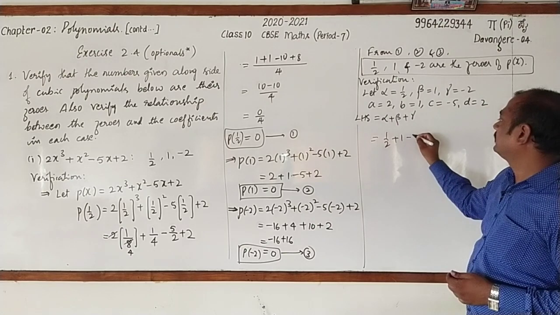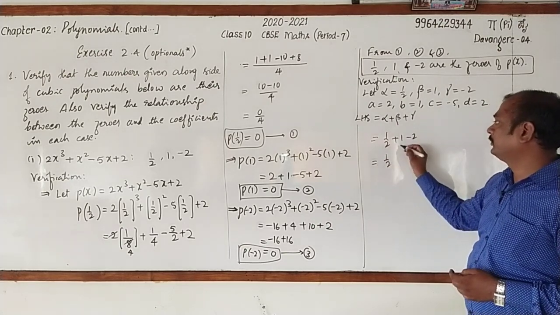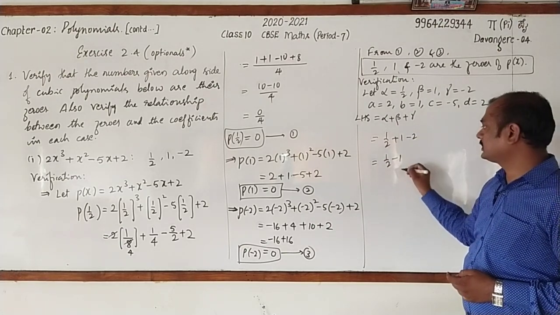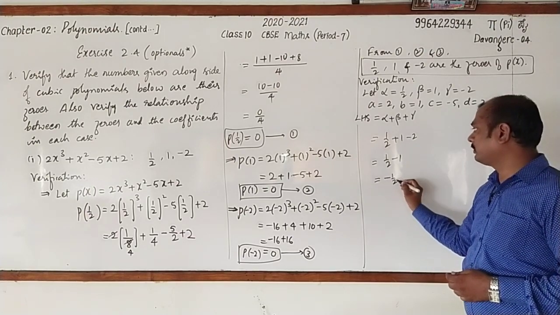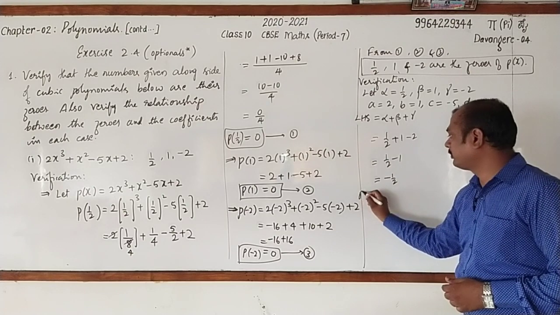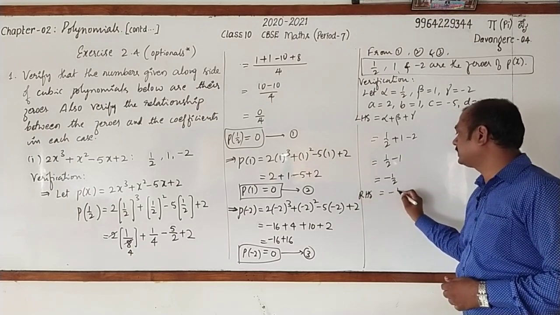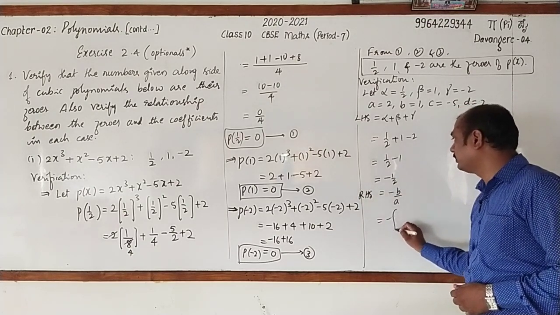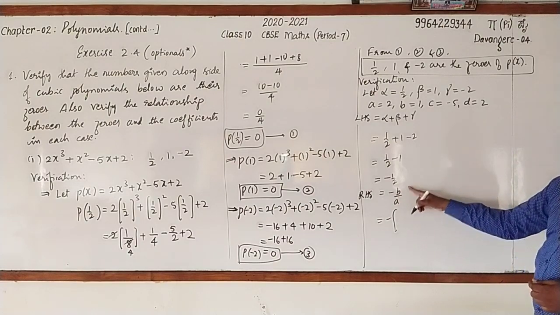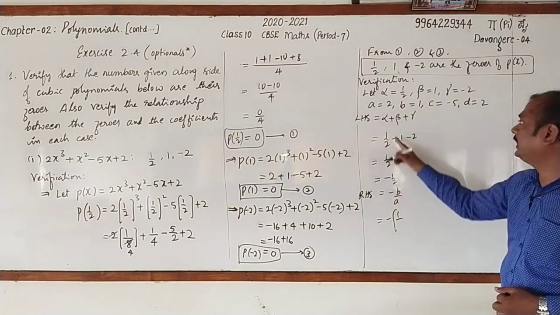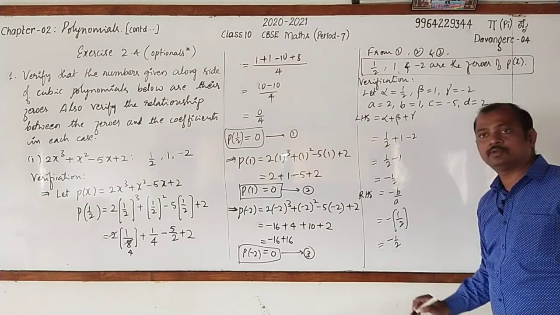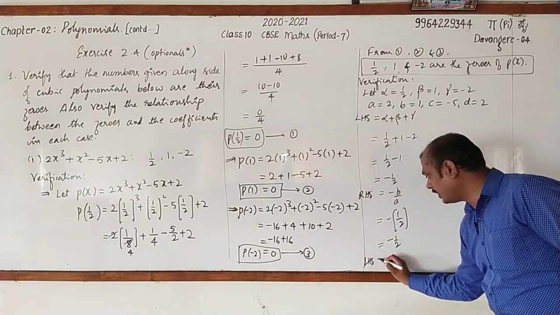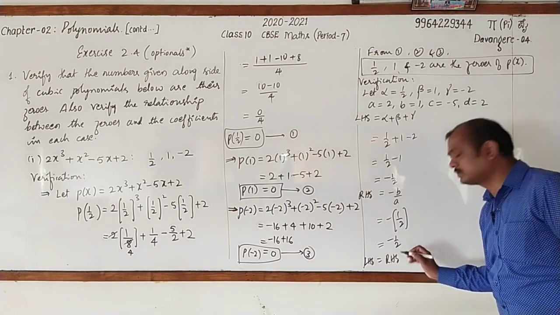Gamma, minus 2. 1 by 2, 1 minus 2 is minus 1. 1 by 2 minus 1 is minus 1 by 2. This is LHS. What about RHS? Alpha plus beta plus gamma is minus b by a. Minus of, what is b? B is 1. A is 2. Minus of 1 by 2 is minus 1 by 2. LHS equal to RHS. Hence it is verified.